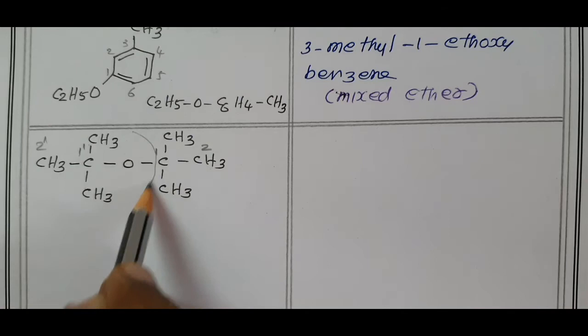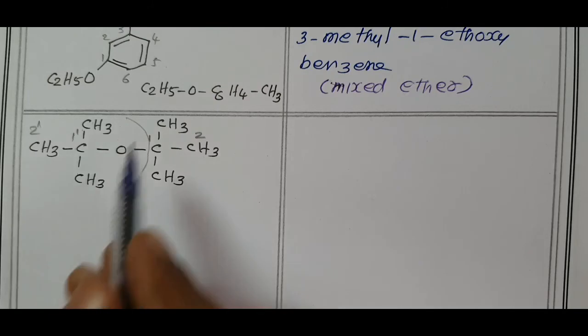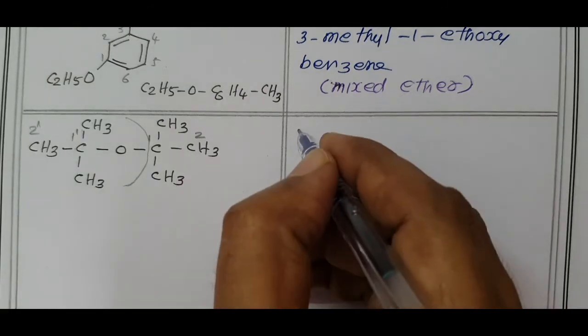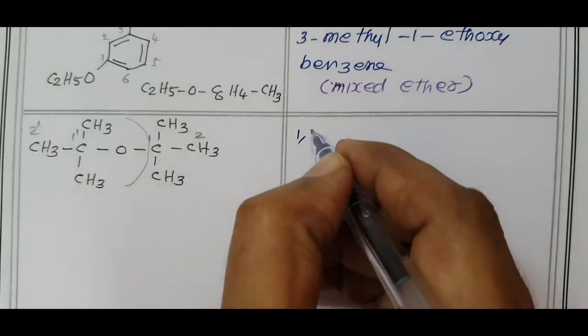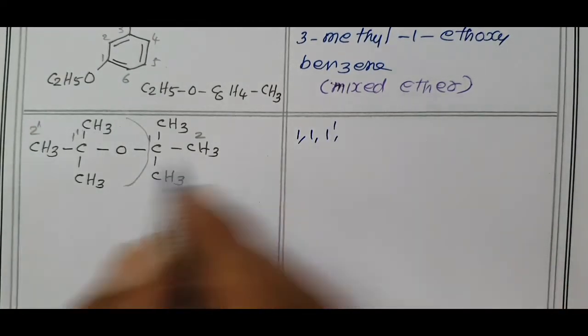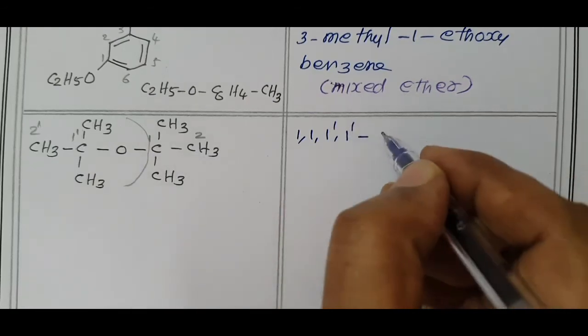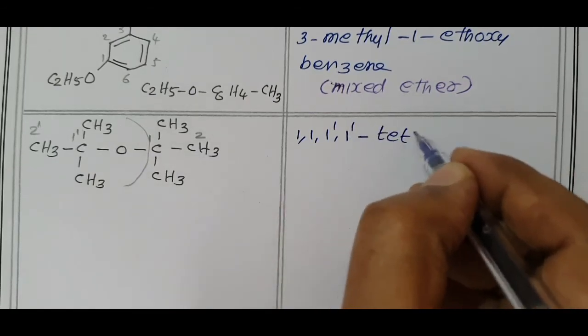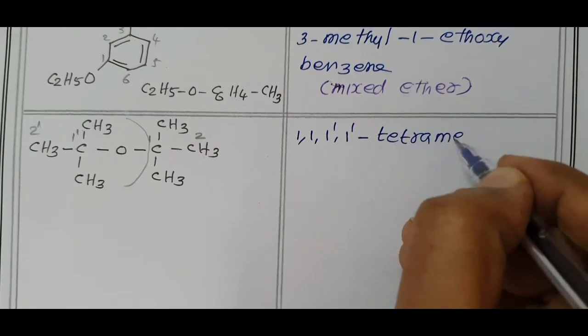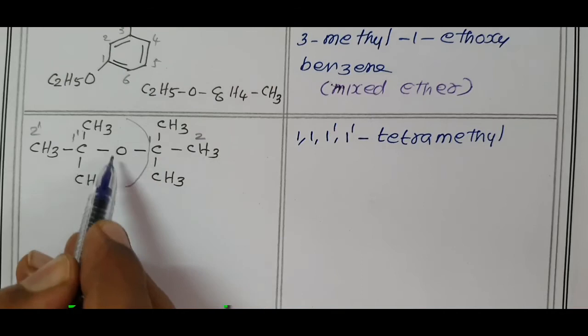IUPAC name, ethoxyethane. So how to write the IUPAC name? Position of methyl 1, position of methyl 1, position of this methyl is 1 dash, position of this methyl is also 1 dash. How many methyl we have? Tetramethyl. We have to add oxygen atom.